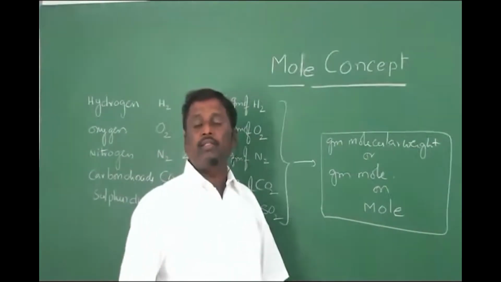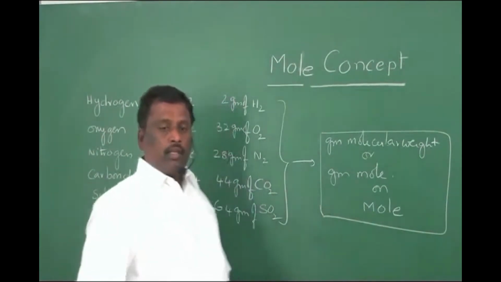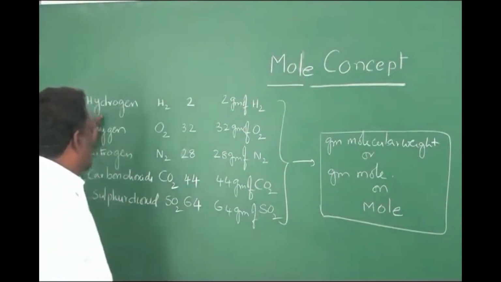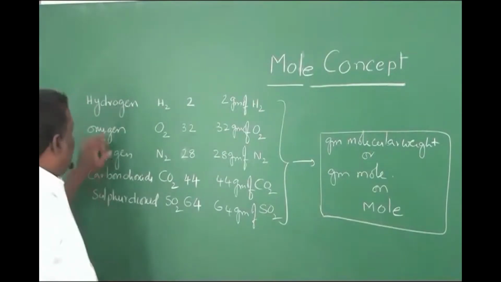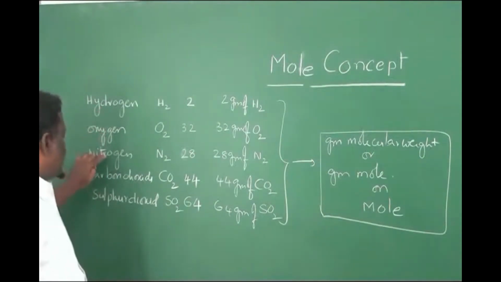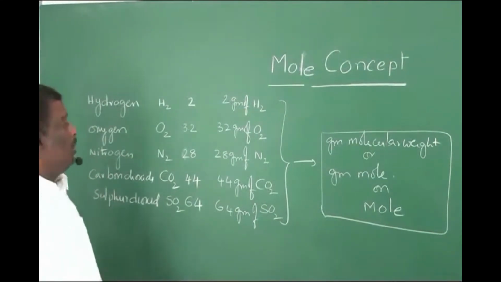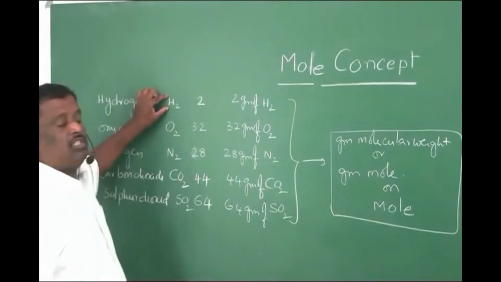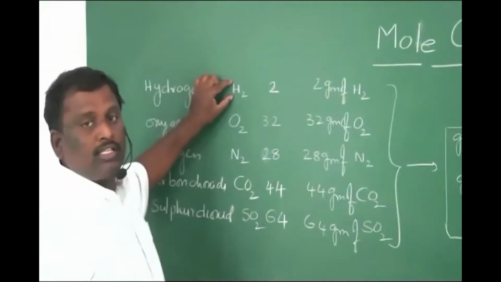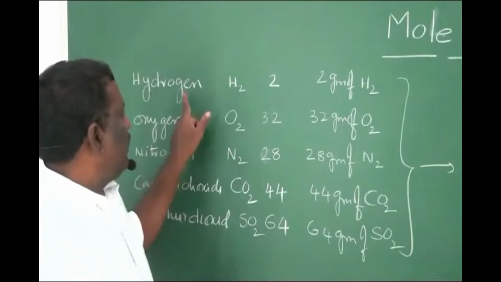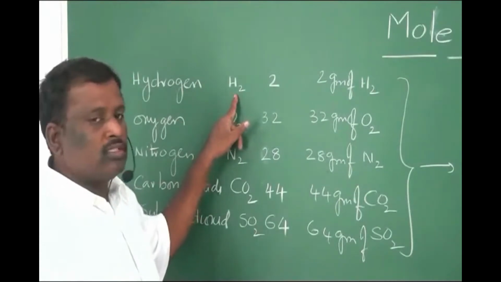So once again I repeat. Look here. Here we have several compounds: hydrogen, oxygen, nitrogen, carbon dioxide, sulfur dioxide, etc. Each substance will exist like this. Hydrogen exists as H2 molecules.